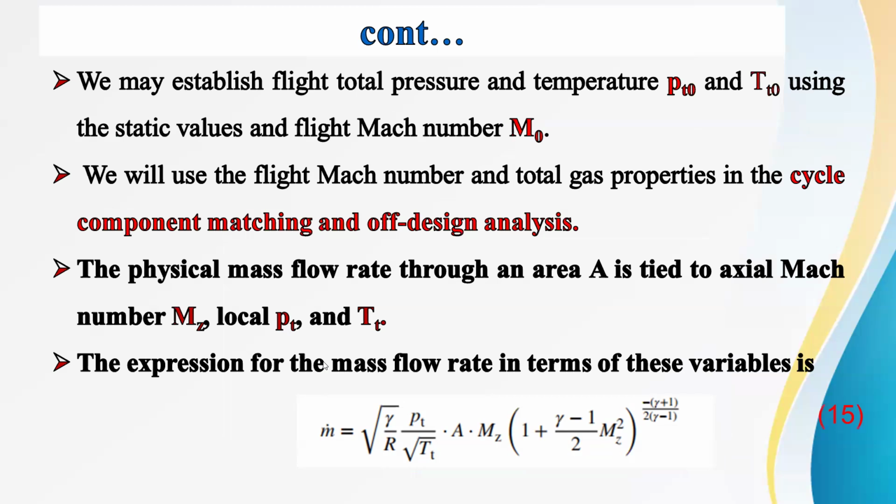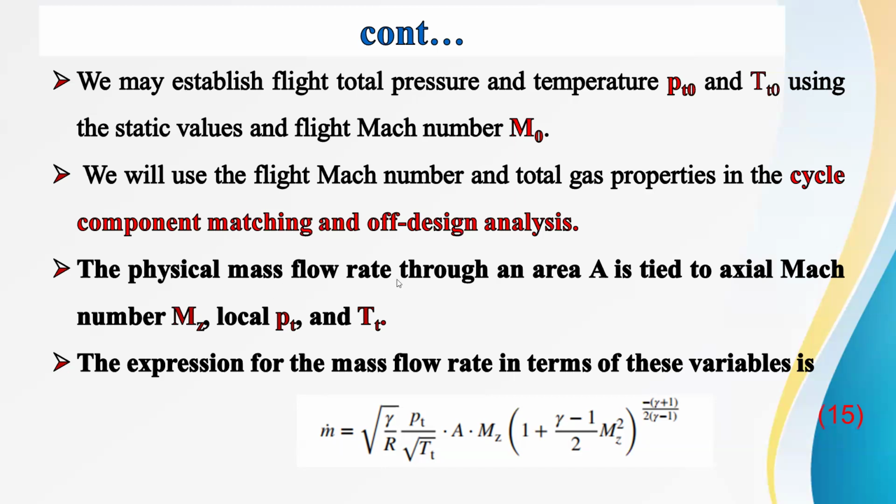We may establish flight total pressure and temperature using static values and flight Mach number M naught. So those are the free stream conditions. Again, flight Mach number and total pressure properties in the cycle components must match in the design analysis.